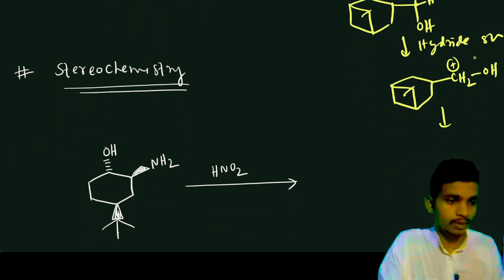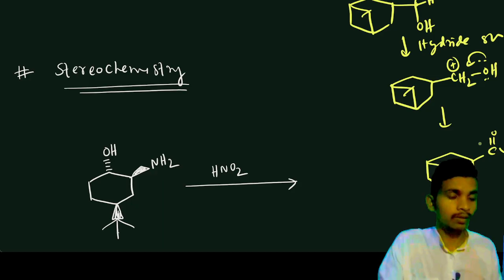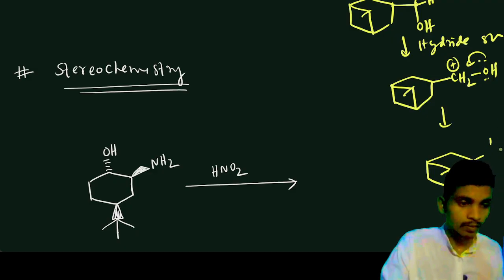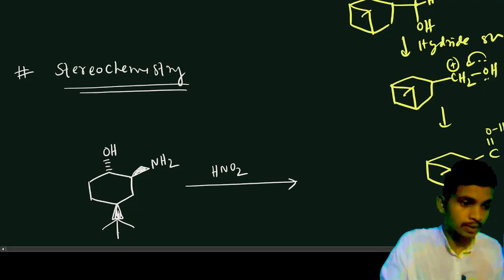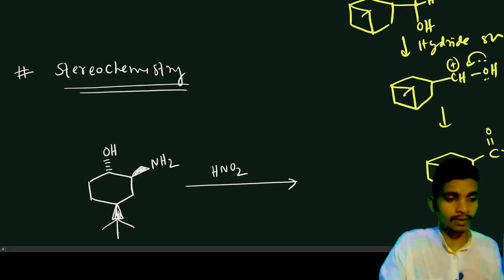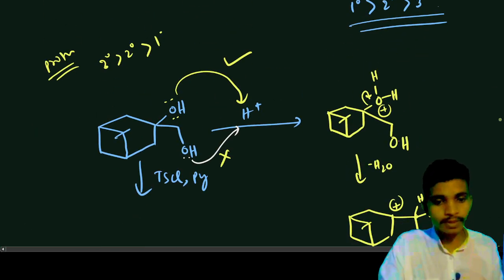After that, the lone pair will give electrons, so we will get the C double bond O and H, and here we have H. Because there is only one protonation, this is only one H. Then this is going to leave, and this is the product for this question if H plus is there.